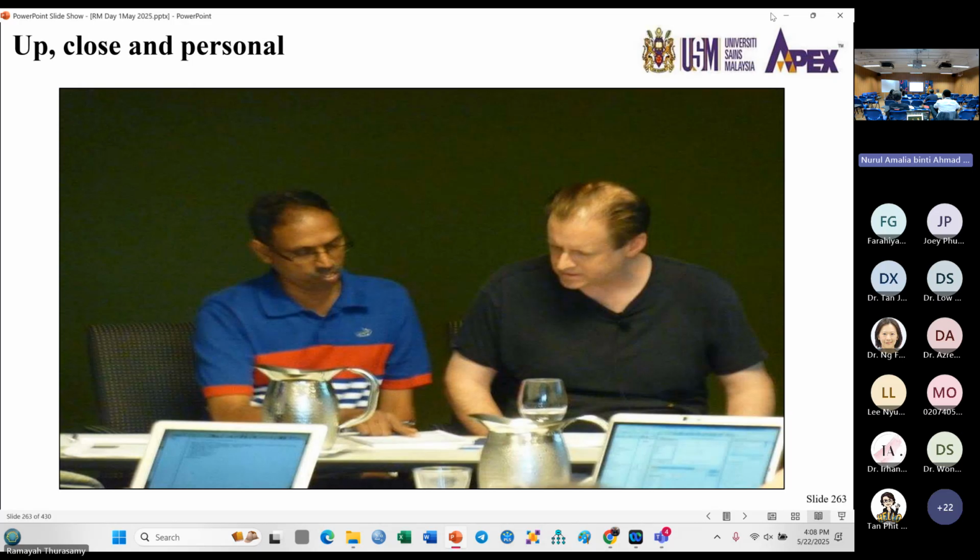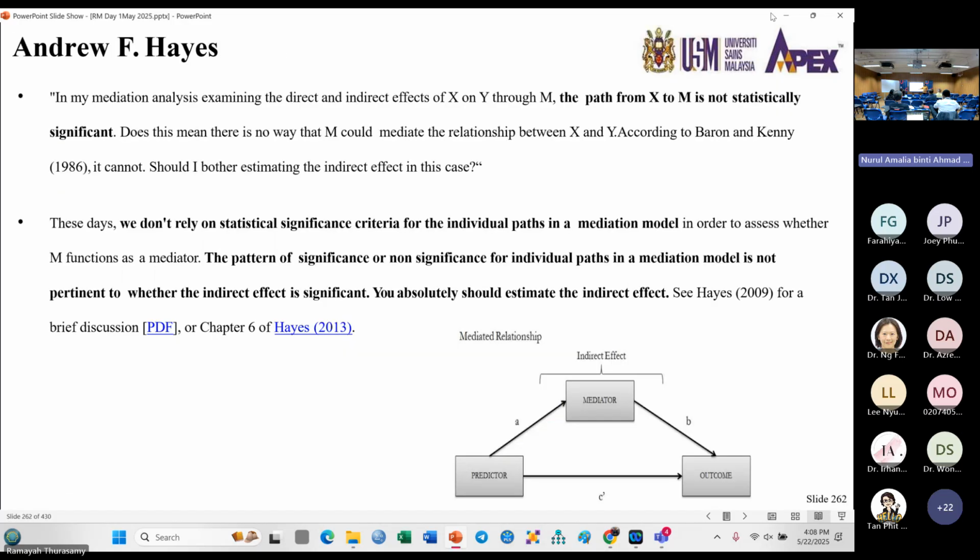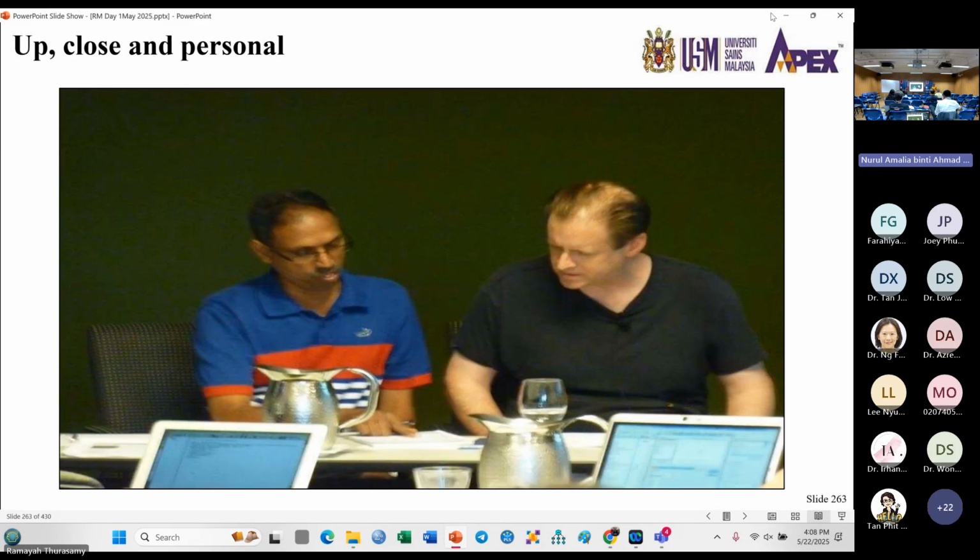I drew the model like this, then I asked him, if this is significant and this is not significant, can I test for mediation? And his reply was, this is so Baron and Kenny. He thought I was still following Baron and Kenny. For him, it's no longer required. You just test A times B, the indirect effect. If it's significant, there is mediation; not significant, no mediation. Okay?